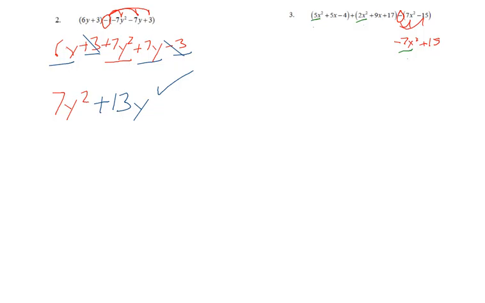So, you don't have to write anything for that. Then, 5x plus 9x, that adds up to 14x. And then finally, negative 4, 17, and 15. Negative 4 plus 17 is 13. Then 13 plus 15 is 28. And that's our answer.